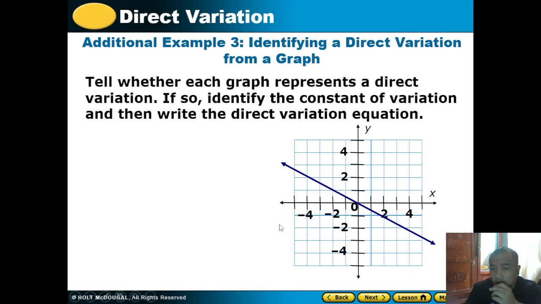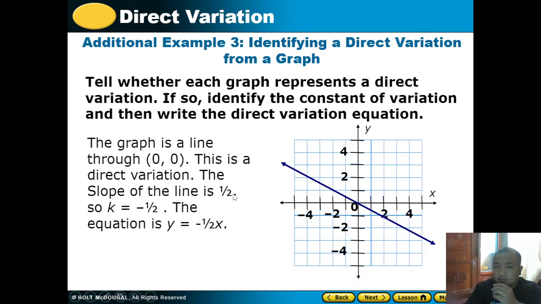Here, we have a graph, a straight line in the Cartesian plane passing through the origin. Let us see if this graph represents a direct variation. The graph is a line through (0, 0), the origin. So this is a direct variation.